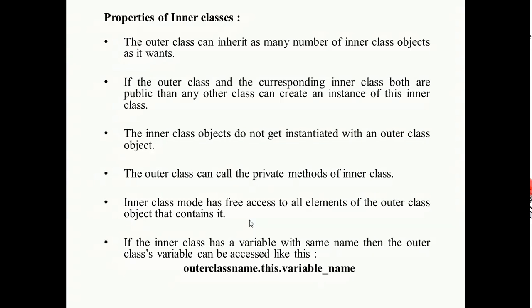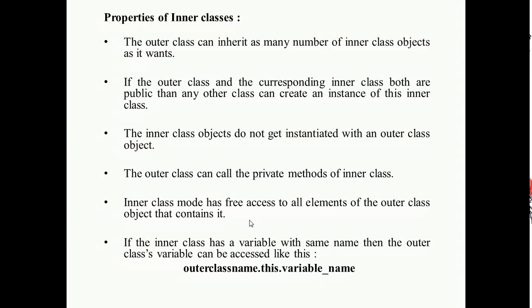The inner class object does not get initiated when an outer class object is created, meaning the inner class object does not access the outer class object, but the outer class object can access the inner class objects.